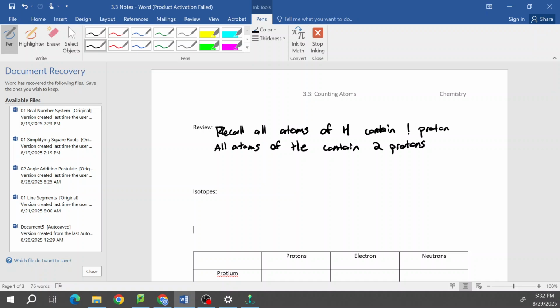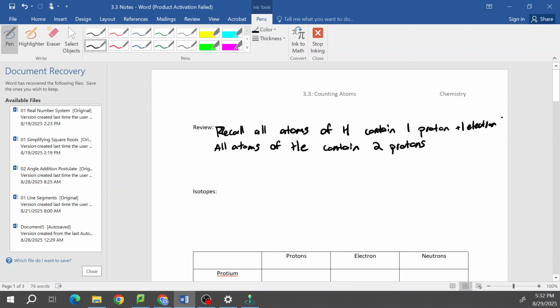For a neutral atom, which is mostly what we're talking about right now, we haven't talked about ions yet. So for every neutral atom, the number of protons is going to equal the number of electrons. In the case of hydrogen, they contain one proton and also one electron.